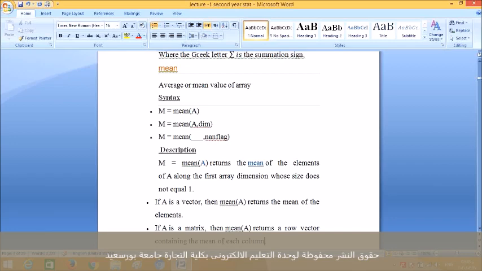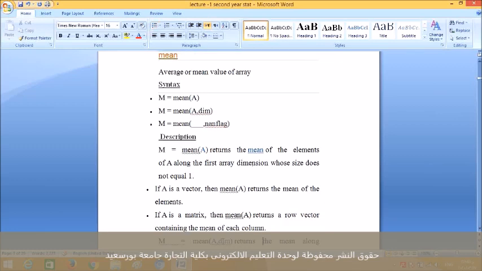Okay? So if A is a matrix containing some columns, the mean will be one number for every column. So the result will be a vector containing the means of all columns, right? M equal mean of A and dim.